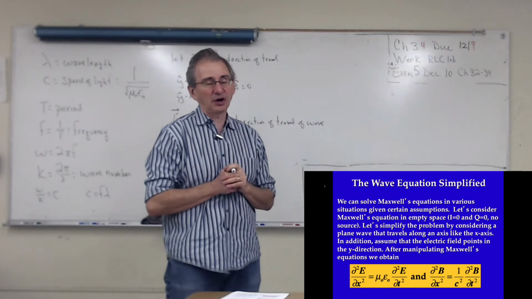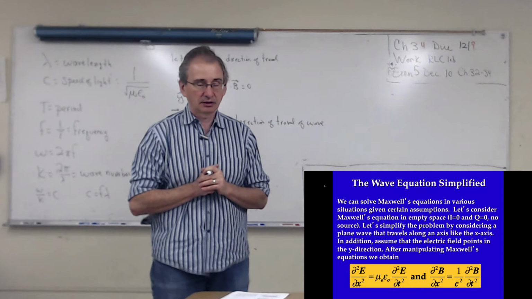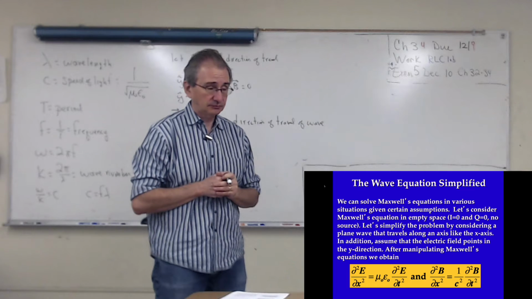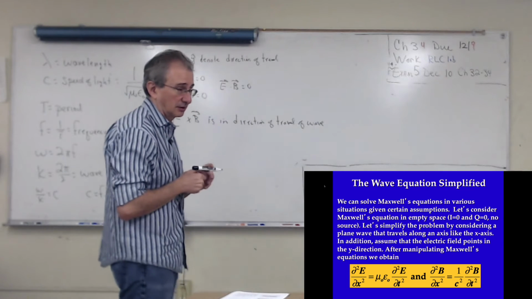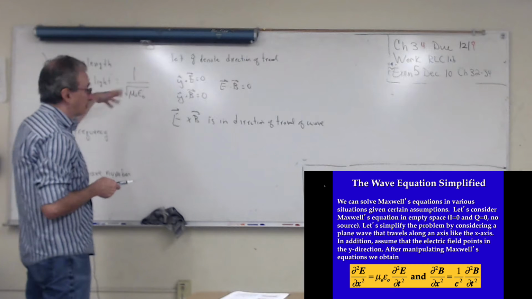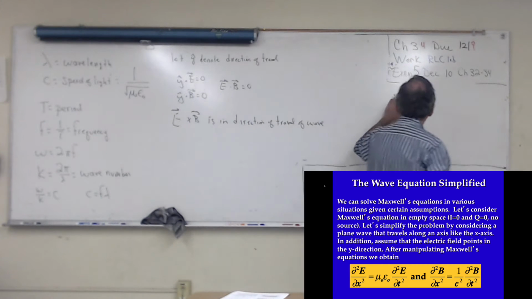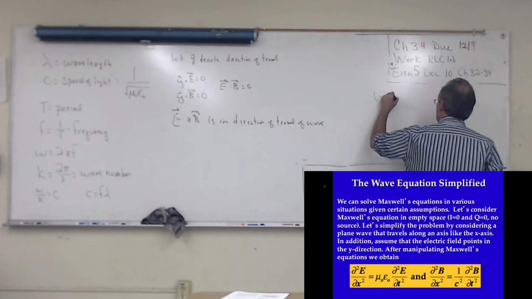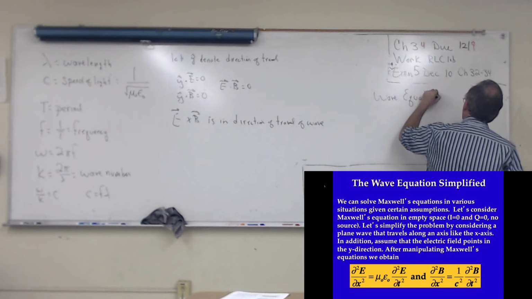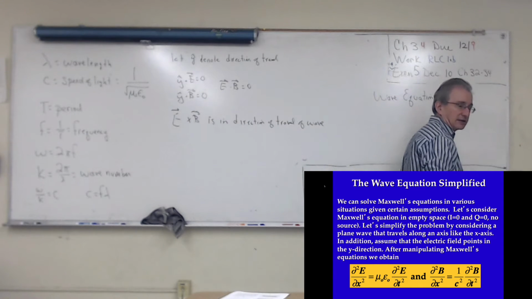And let's consider a wave traveling just along the x-axis. Then we can derive an equation that governs the wave. And the solutions yield these properties. And the wave equation for a one-dimensional wave looks like this.